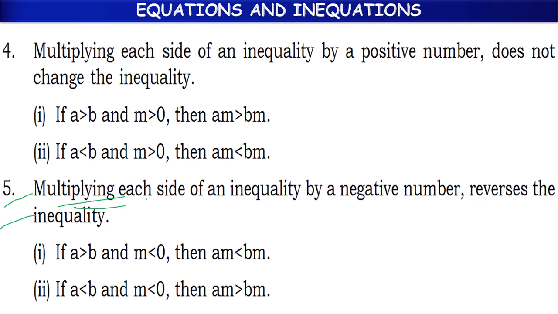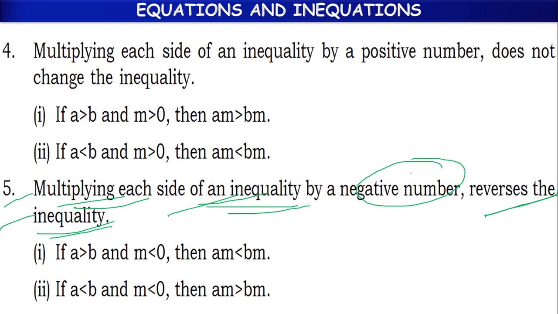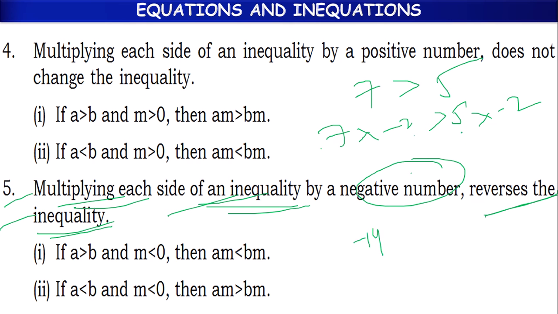Suppose we multiply each side of an inequality by a negative number, then the inequality will be reversed. If 7 is greater than 5, and you multiply with minus 2 on both sides, 7 into minus 2 is minus 14, 5 into minus 2 is minus 10.